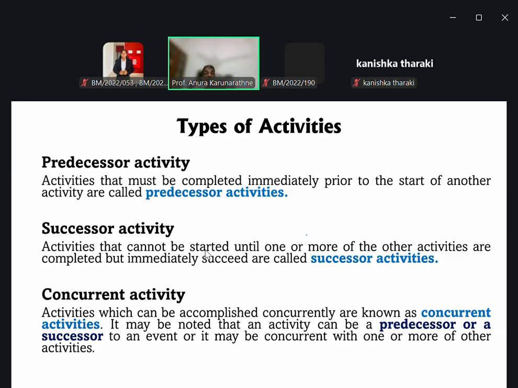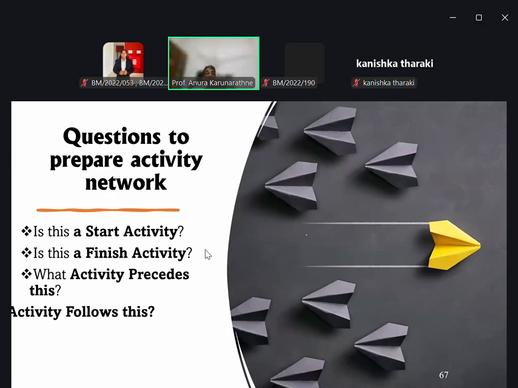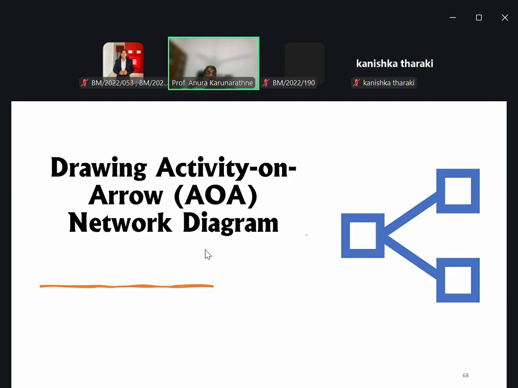It may be noted that an activity can be a predecessor or a successor to an event. So you can see this kind of description. Then starting point, then the finishing activity, predecessor activities, then immediate predecessor, right? Concurrent activity, we discussed those things.